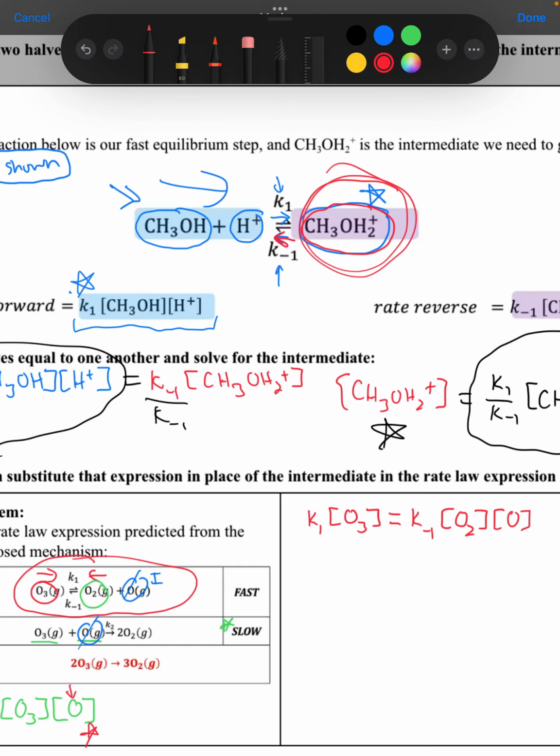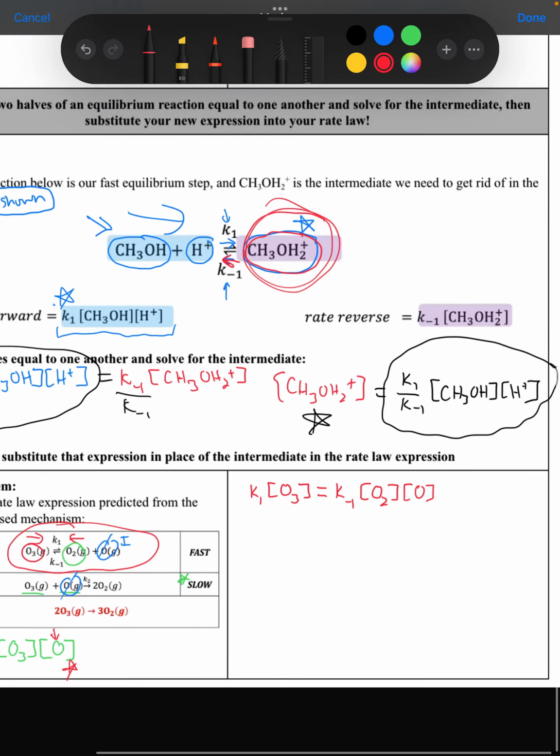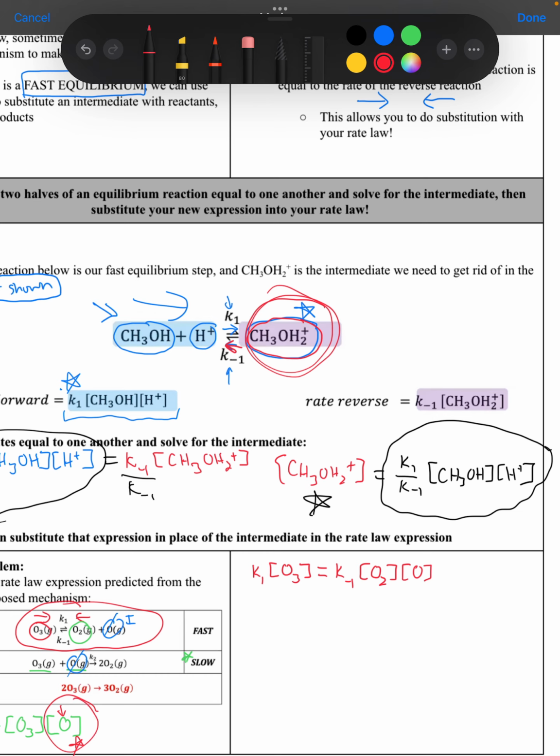All right? Now, remember, we're trying to sub out for the intermediate, so we are going to solve for that thing. We're going to do that by dividing both sides of this expression by K negative 1 and O2.